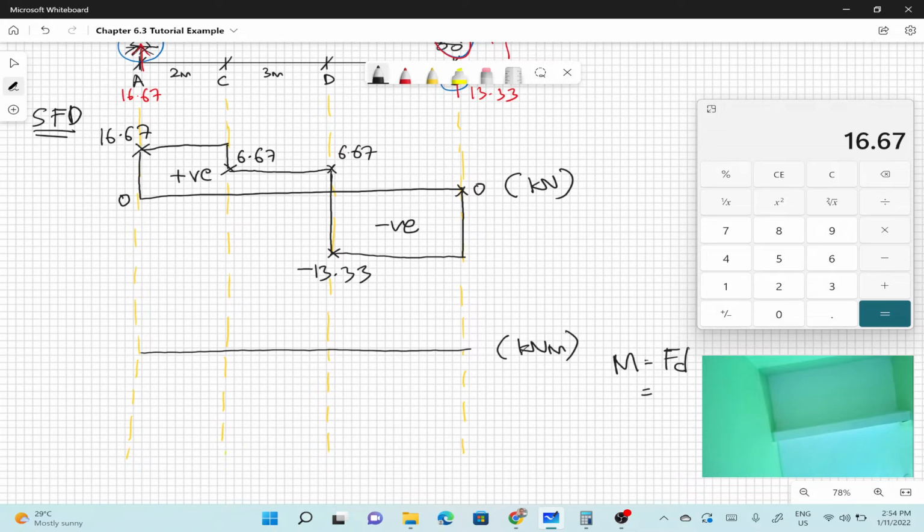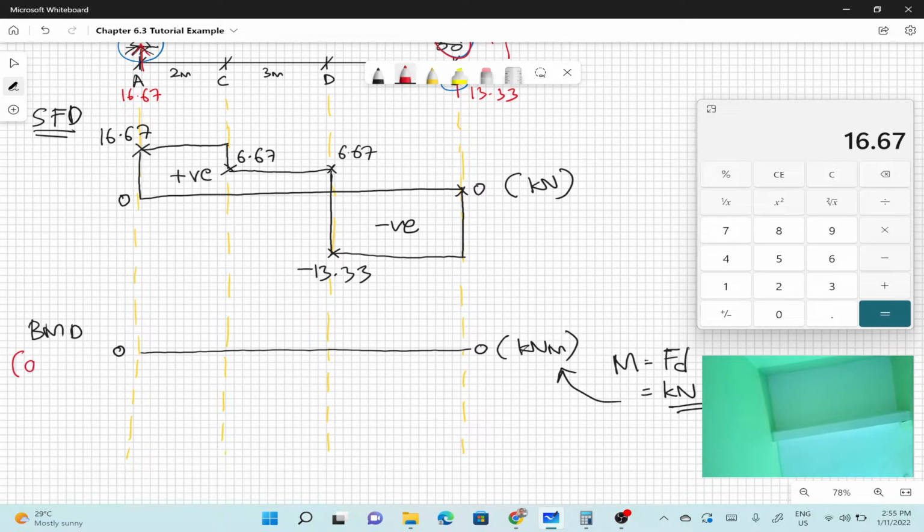So F is in kilonewton, D is in meter, so that's why we get this unit here. Okay, alright, so we're going to start with 0 here and 0 here. So the rule is simple to draw the bending moment diagram. The rule to draw the bending moment diagram, I'm just going to give you the hack for now, is to refer, maybe I'm just going to straight away state the whole thing.